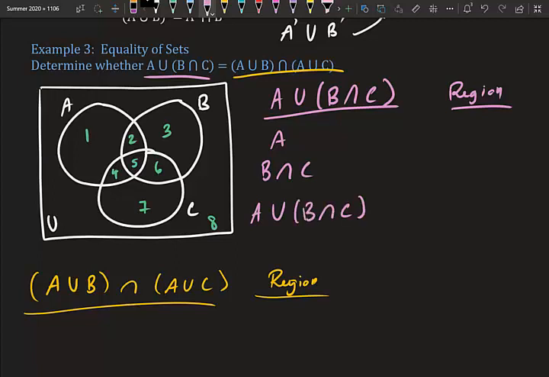So A, all of A, everything in circle A is 1, 2, 4, 5. The intersection of B and C, so where B and C meet, so this is B and this is C. They meet together at 5 and 6, right here.